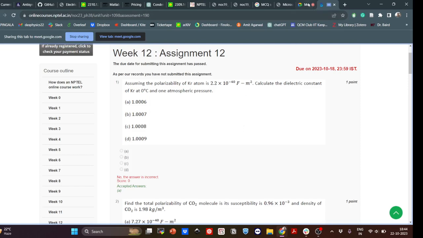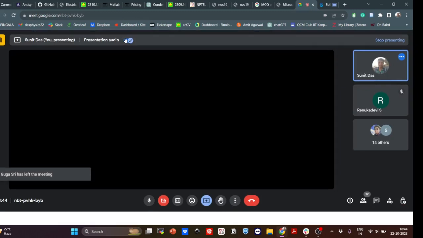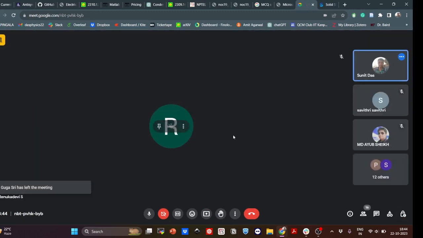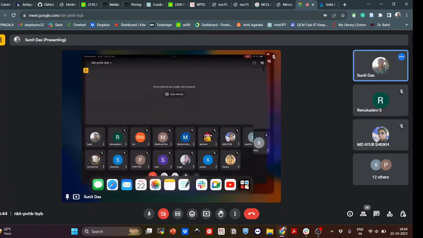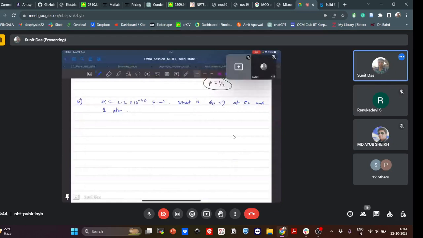So given alpha, we need to find what is epsilon r, or the dielectric constant, right? And this was krypton or argon, whatever atom.